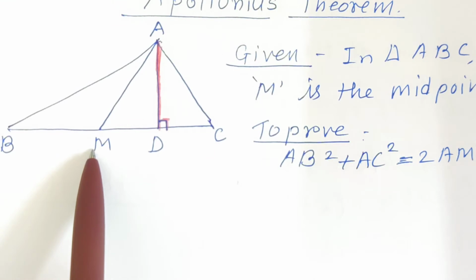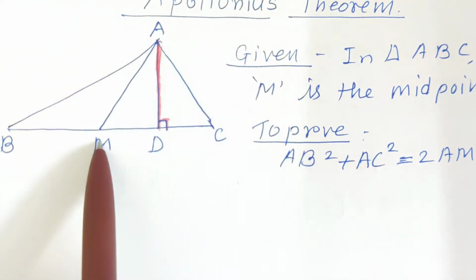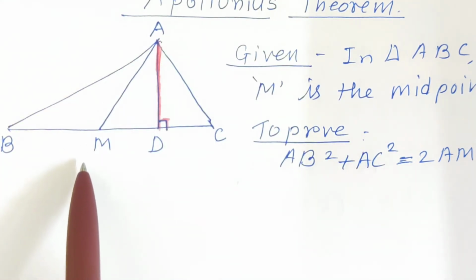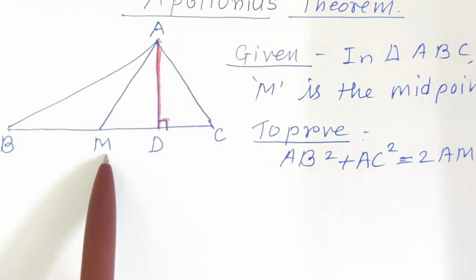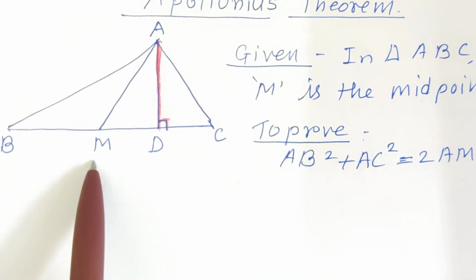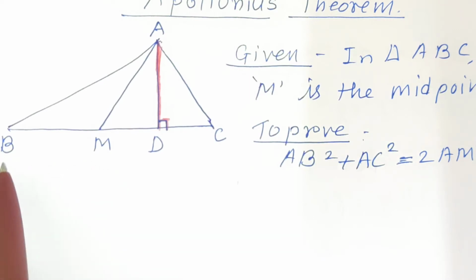If M is the midpoint, then AM is the median. So equal to double of median square plus 2BM square, that means double of half of the base square. This way you can keep in mind the statement which we have to prove.